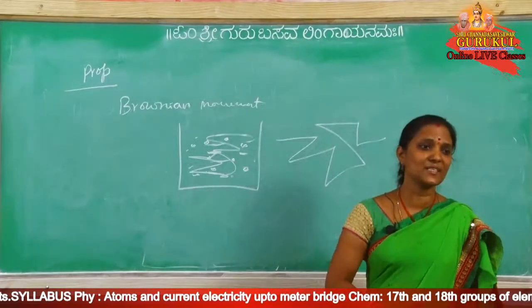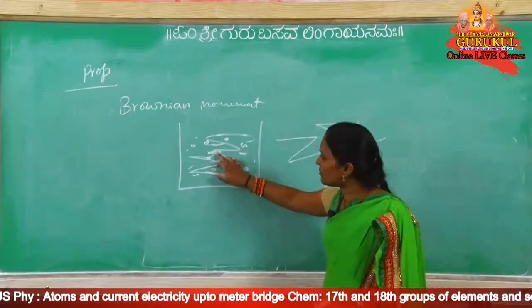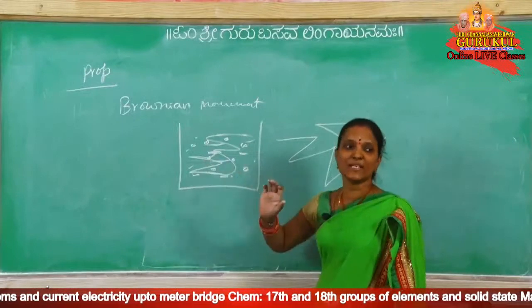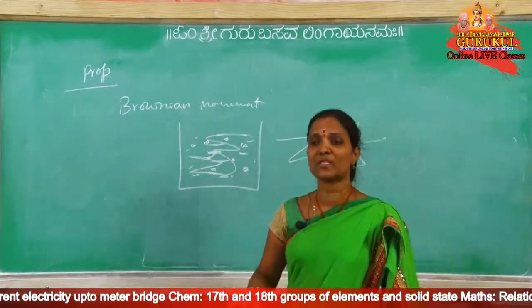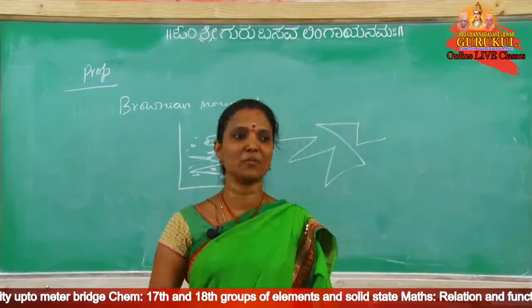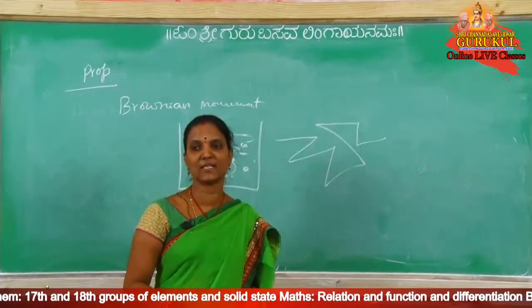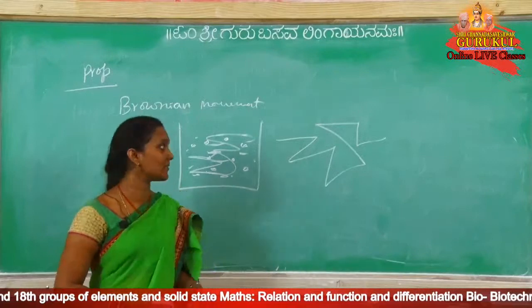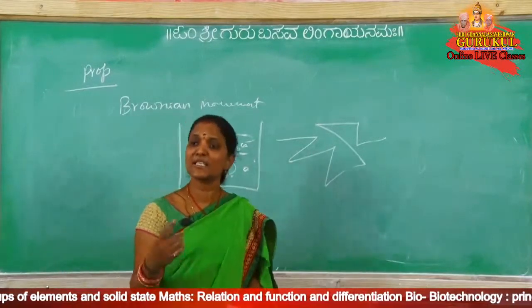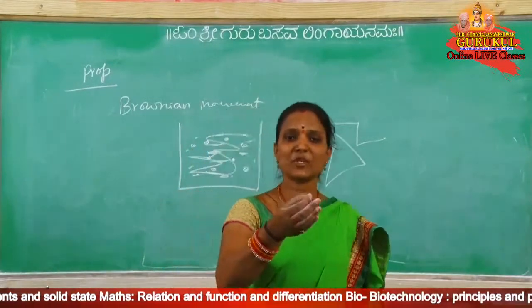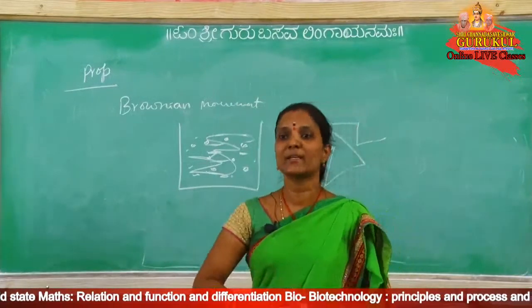What is the reason for the zigzag movement? The dispersion medium collides with the dispersion phase. So what are the two important questions? One is, what is Brownian movement? It is the zigzag movement of dispersion phase particles or colloidal solution particles. The reason for Brownian movement is that dispersion medium particles collide with the dispersion phase.